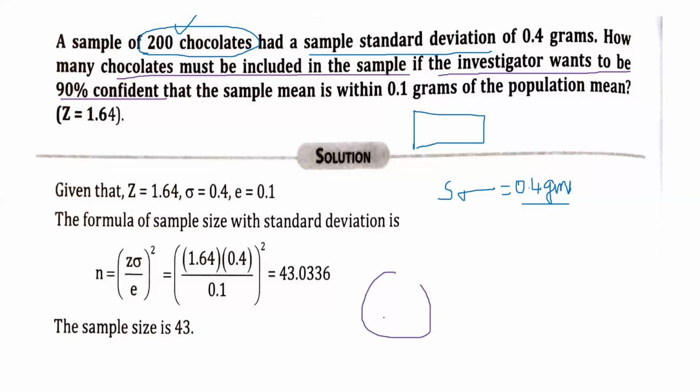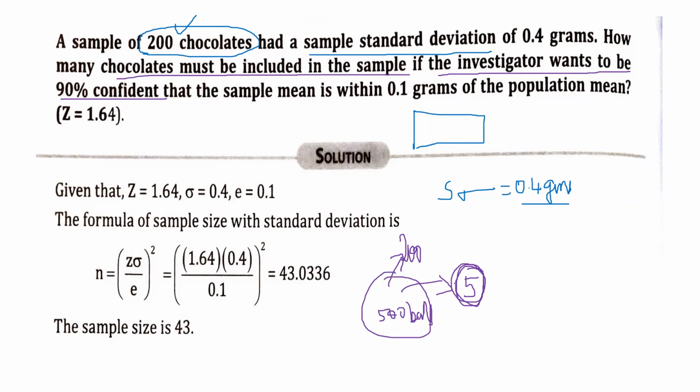This is something like that bag which had 500 balls. Out of that, first time we picked 5 balls, right? This is something like that. We are deriving this 5 now. We know there are 200 chocolates here.